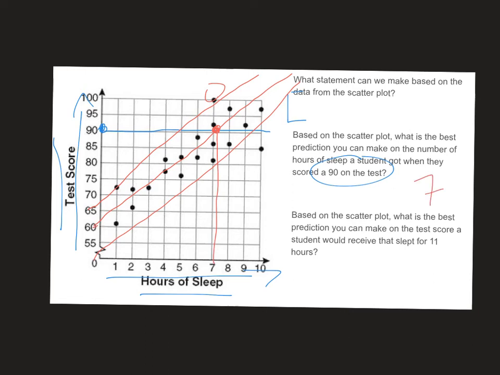So for our next one, it says, based on the scatter plot, what is the best prediction you can make on your test score if a student receives 11 hours of sleep? Man, 11 hours isn't even on this graph, so where are we going to put it? If 10's right here and I continue it on, 11 must be right here.